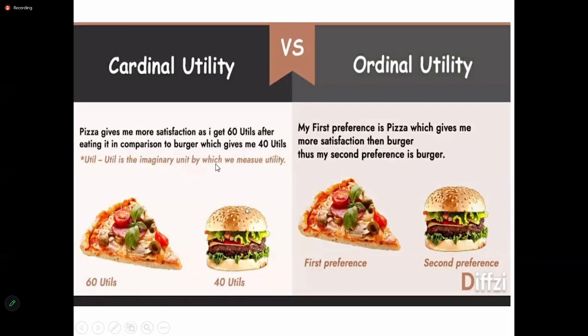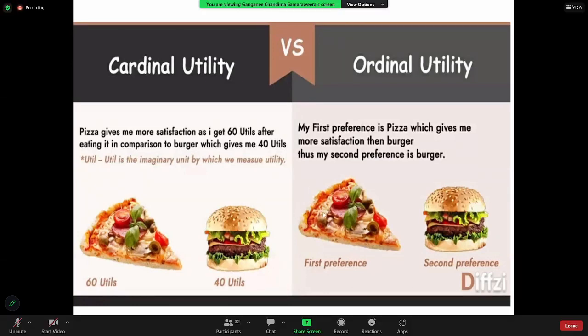Your weight and height we can measure using units, but remember very carefully, utils have no exact units; it's an imaginary unit. When somebody asks what measurements you take to measure your utility, you have to say utils.